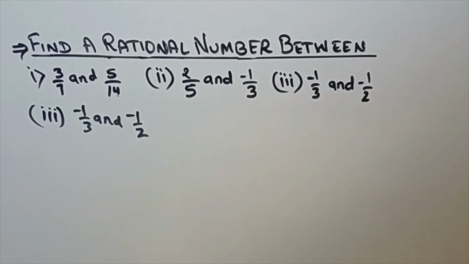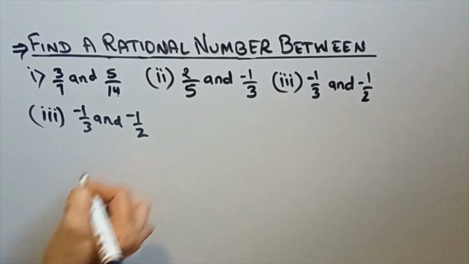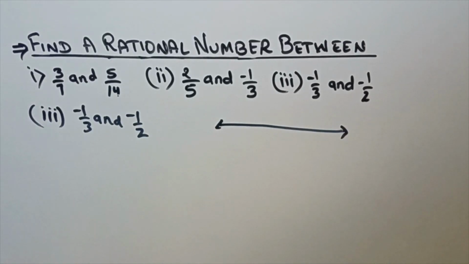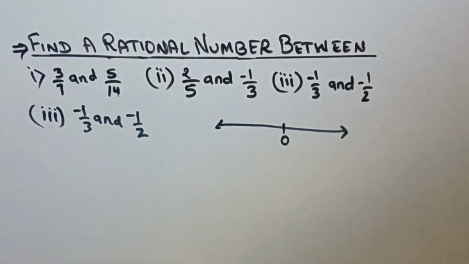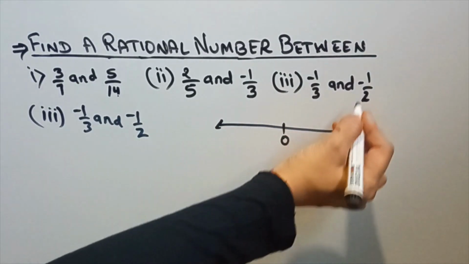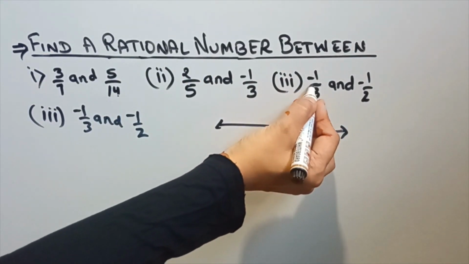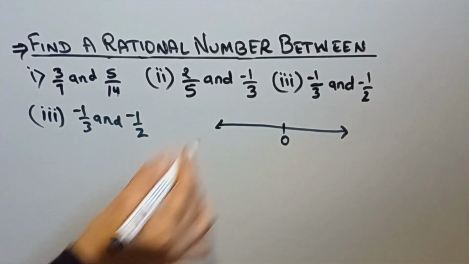We have to solve the third one, minus 1 by 3 and minus 1 by 2. Suppose we have to express this on the number line. This is 0. As both are with the minus sign, they will come to the left hand side. 1 by 2 and 1 by 3. If the denominator is a bigger number, when you divide, you will get a smaller number.